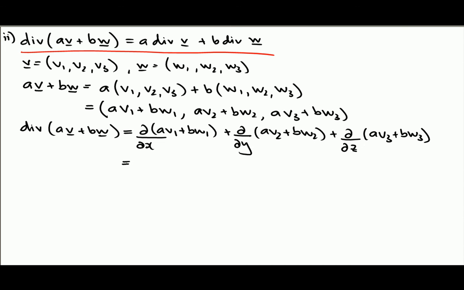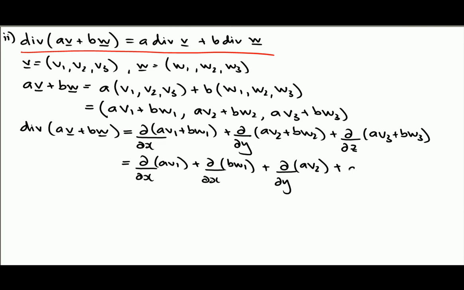And now we can just use the normal rules of differentiation to split all the derivatives up. So for the first one, we get the derivative of each term with respect to x. For the second one, something similar happens, and exactly the same thing happens with the third term. Now that's using essentially the sum rule for differentiation.